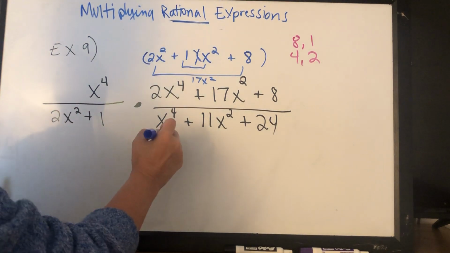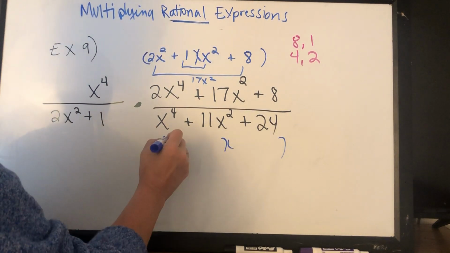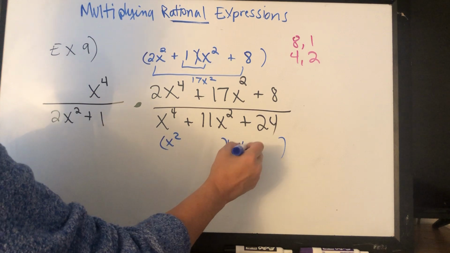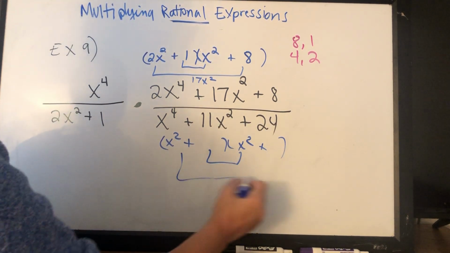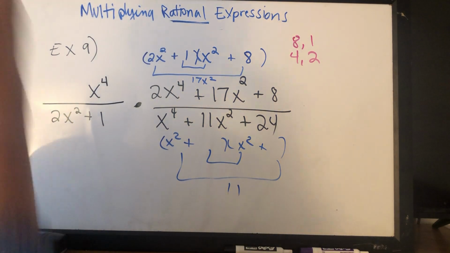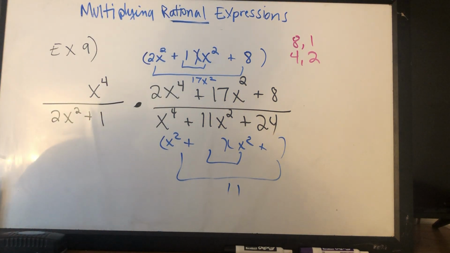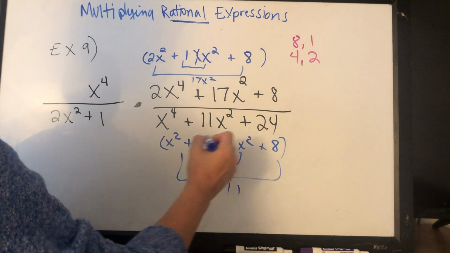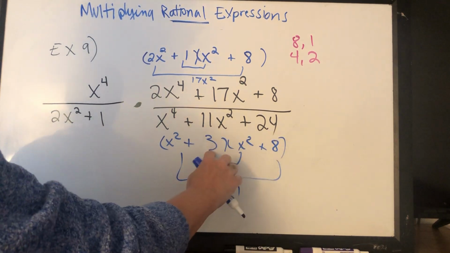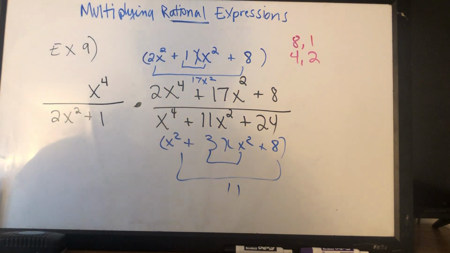Now we got one more to do. We're going to try our x squared. Again, they're both positive. My inners and my outers need to be 11. Those of you that are getting to know your factors faster and seeing the patterns, hopefully you see there's a lot of choices for 24, but the one I see, 8 and 3. Multiplies to be 24, adds to be 11.